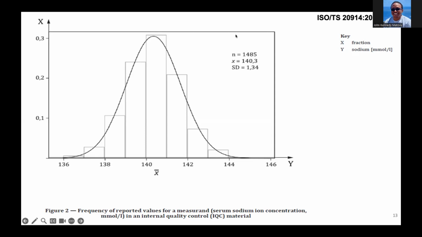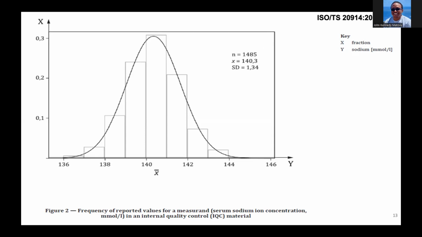Now look to the right-hand side of the graph. You see some numbers. You've got the N, which is the number of values, how many times that IQC sample has been run. The X, which is your mean, your average, and then your standard deviation.